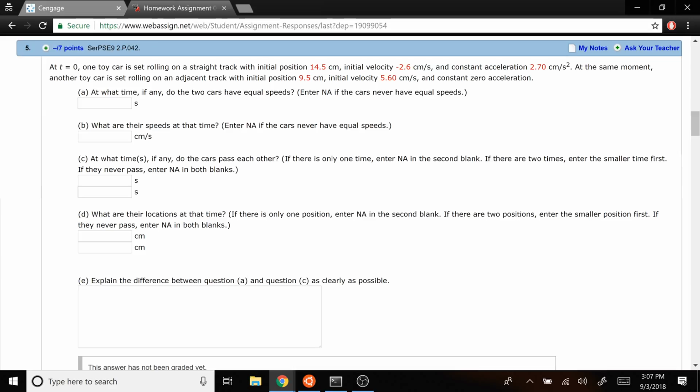So A would be one side, B would be the other side. At what time do they have equal speeds? Which is not equal velocity. Equal speeds means equal magnitude of velocity. They may in fact have equal speeds in the opposite direction. That's true. But you can still do it by deriving the different velocities.